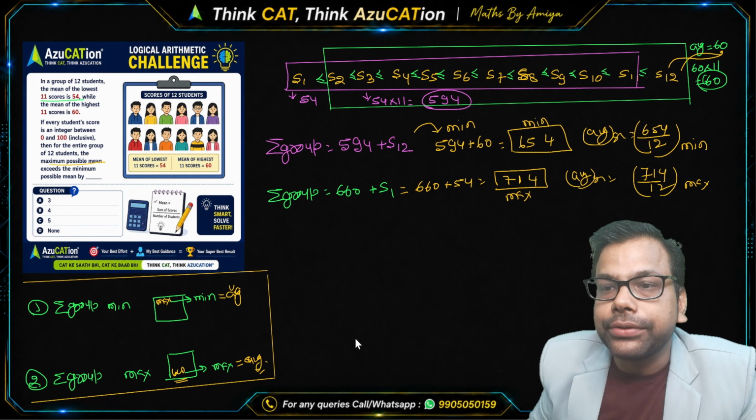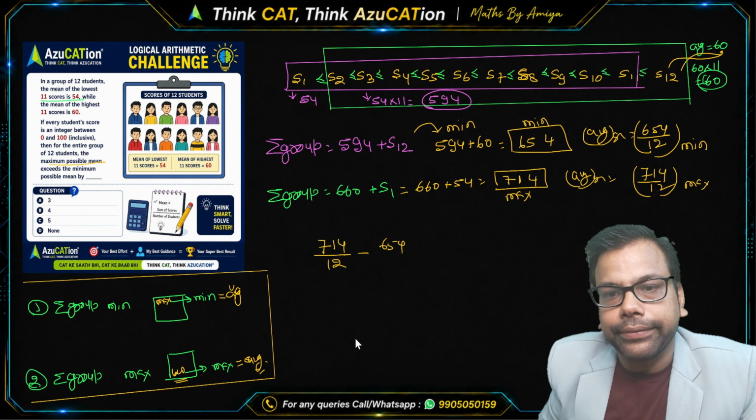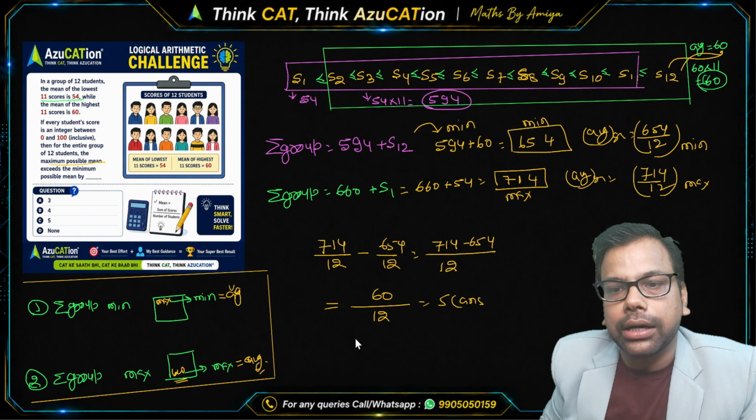We have to find the difference of these two. So let's subtract 714 divided by 12 minus 654 divided by 12. The denominator is 12. We have 714 minus 654, which is equal to 60, divided by 12 is 5, and 5 is our required answer.